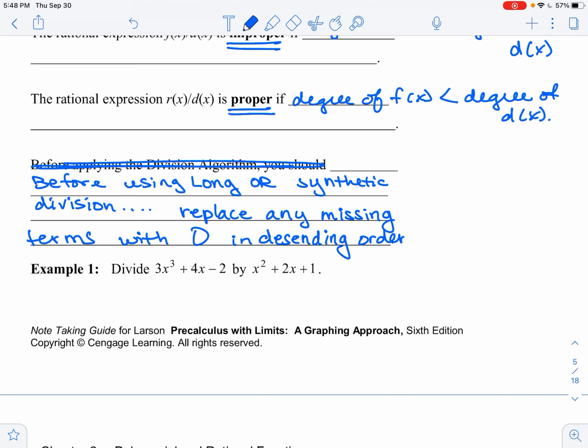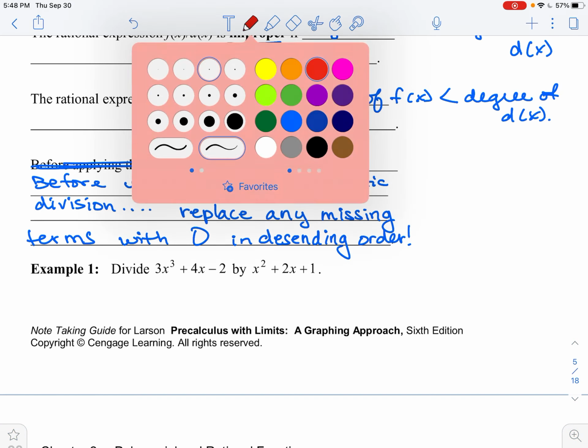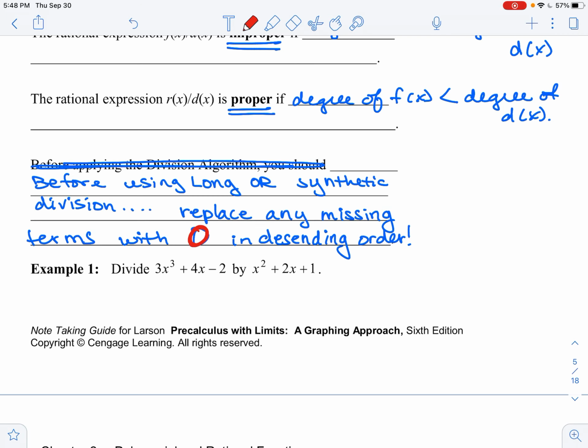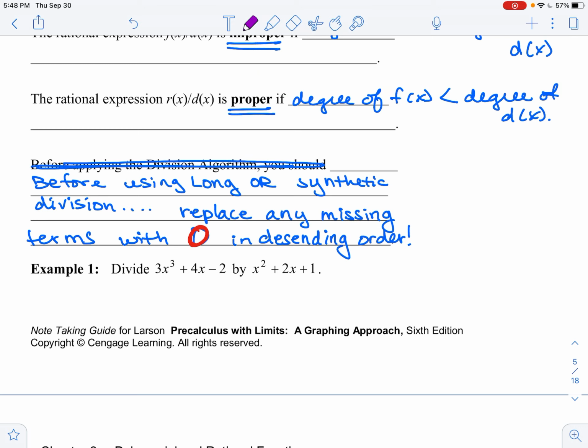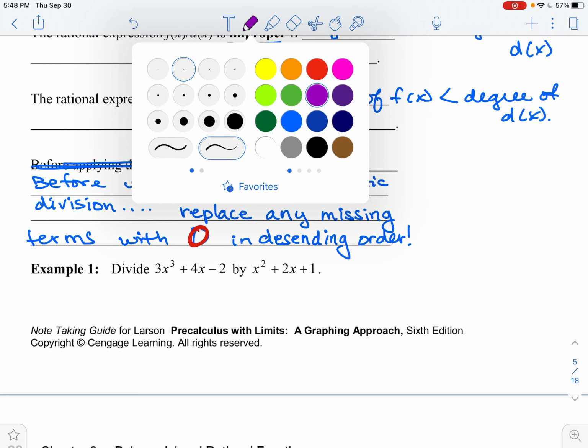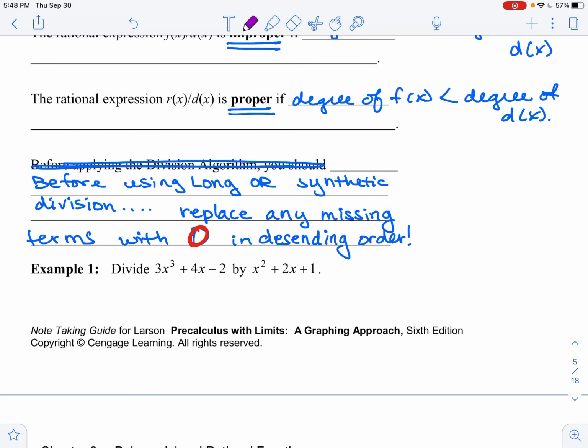This is super, super, super important. I cannot tell you enough how incredibly important this is. So make sure that before you start dividing, you're looking at what you're dividing so that you can replace any of those missing terms with a 0.